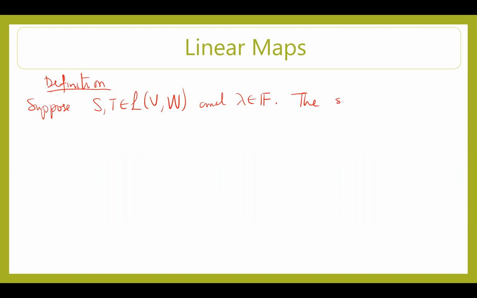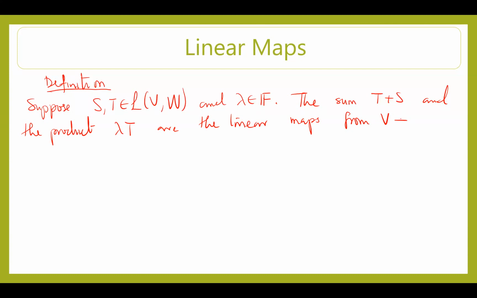Now I'm going to define the sum of these linear maps, T plus S, and the scalar product, lambda T. These two, the sum and the scalar product, are also linear maps from the same domain V to W, and they are defined this way.